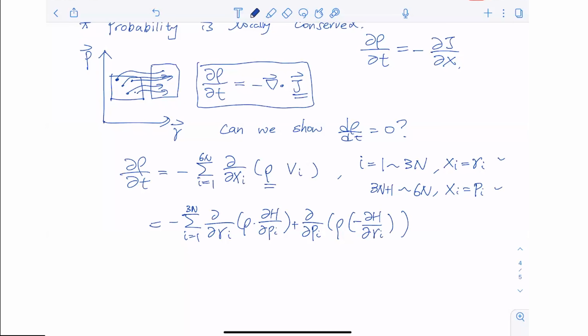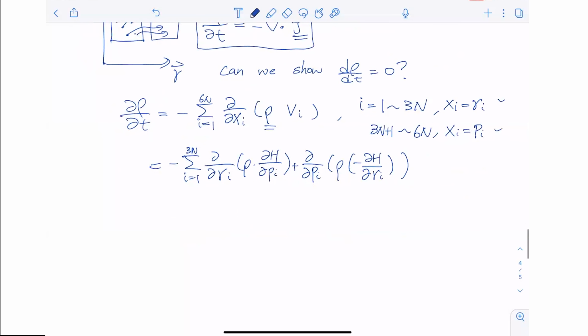Now you can see if you differentiate this product, you get this expression, where you take the derivative with respect to rho first.